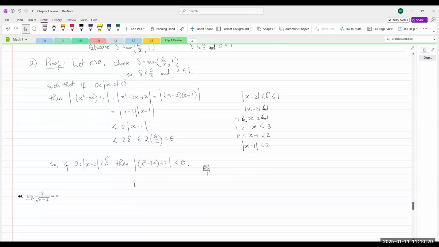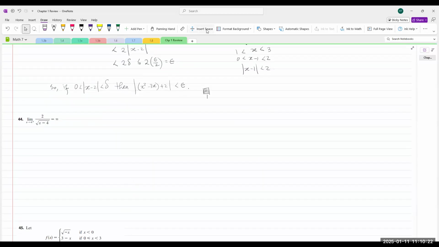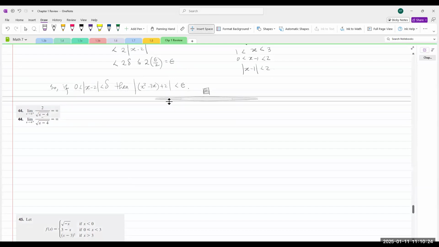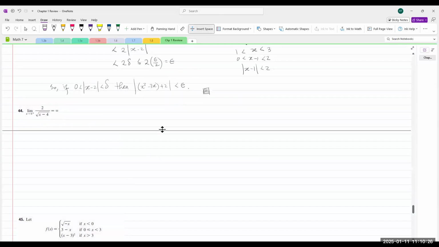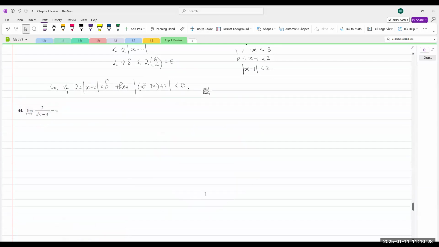Okay, now number 44 is the one I didn't explicitly mention when we worked with the limits in 1.7, but the definition when the limit is infinity is as follows.